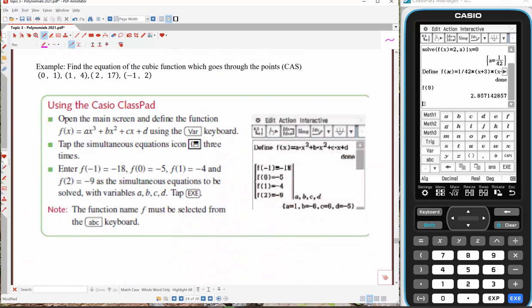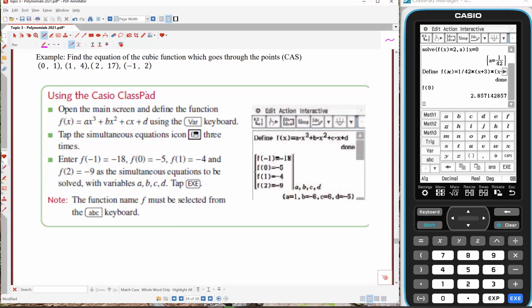Okay, find the equation of the cubic function which goes through the points. So this would be done on CAS. What we can do first of all is this one here, we know that that's the y-intercept, so we could actually use that one. But let's just pretend that that wasn't the y-intercept. I'm going to show you, just given 4 points, how we find a cubic function in this form, f of x equals that.